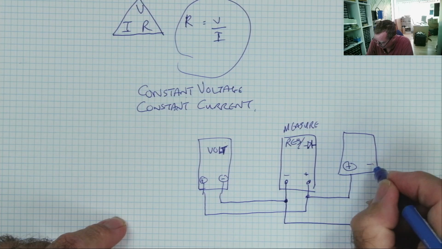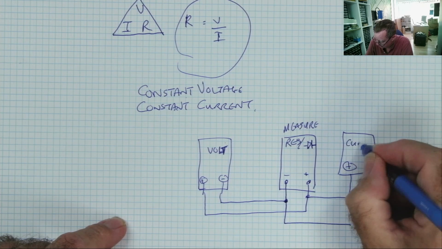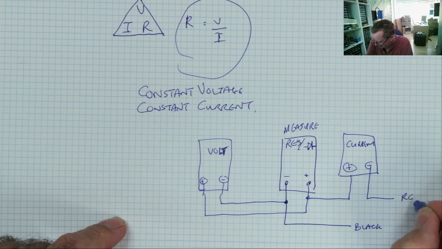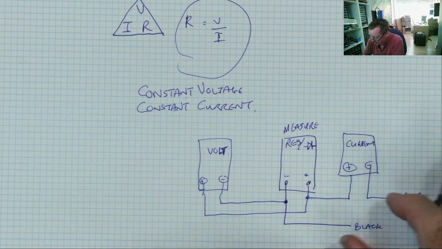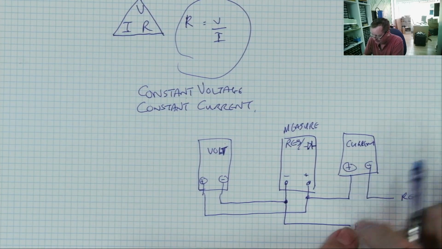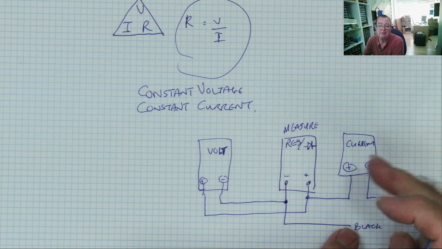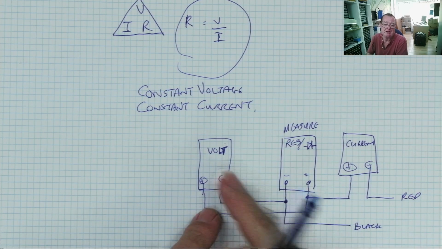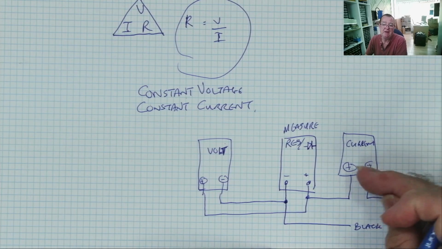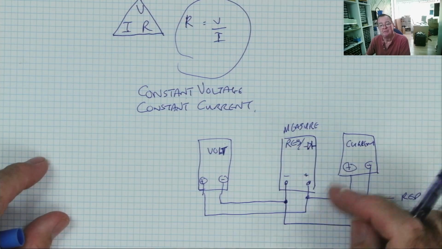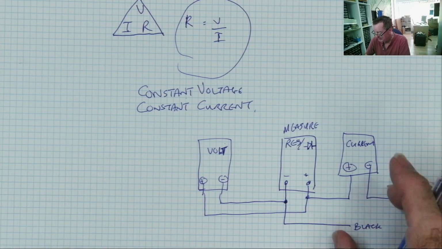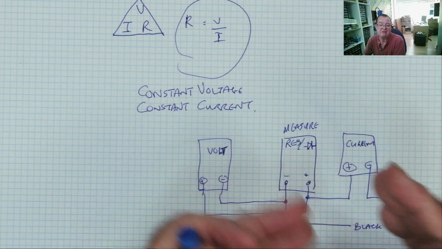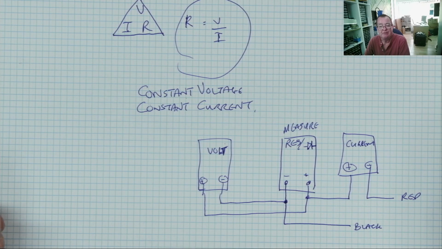Plus minus, and this is current, and coming out here is my red probe. So when I connect my two probes together, for example, this should read 0 resistance, this should read 0 volts because I've shorted the wires together, and this should measure the current that's passing through the two probes. And the same when I connect a resistor across here, I can see what voltage is coming out of my test meter and what current is passing through the resistor.